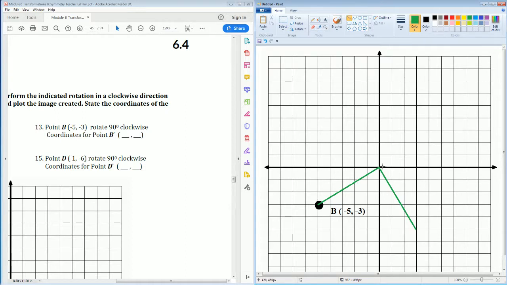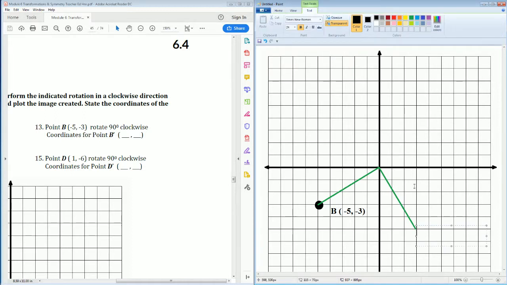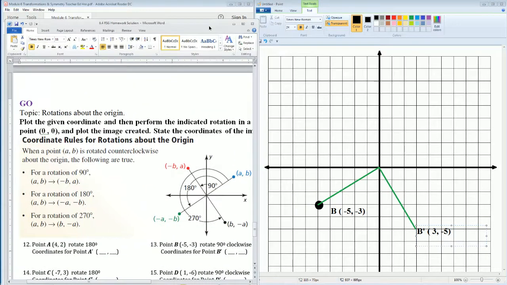Up 3 across 5, so it's down 5 across 3. Perpendicular slope. Make sure you're flipping the fraction. And that is going to be B prime, and that is the point 3 comma -5.